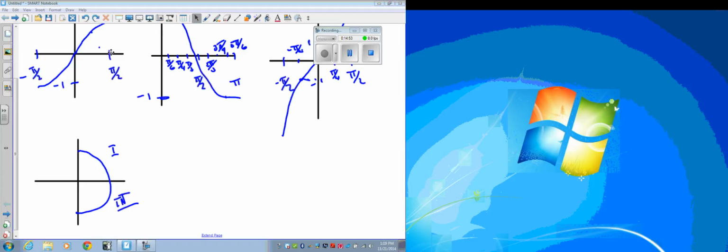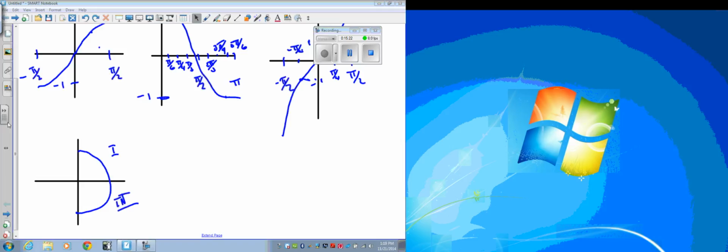If you do a -1, you will not get a positive. I got 3 pi over 2. You will get a negative pi over 2, because it's defined between here and here.